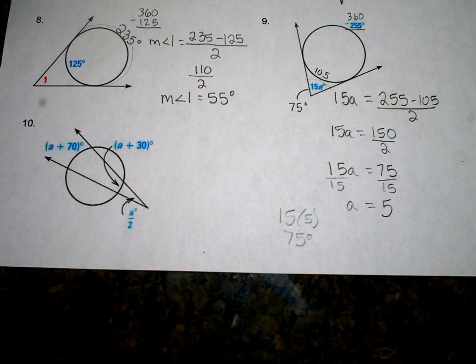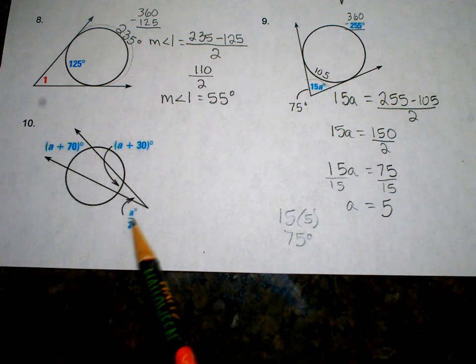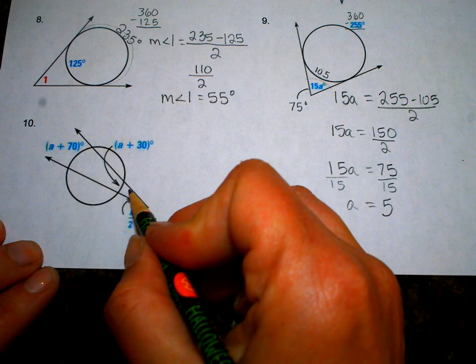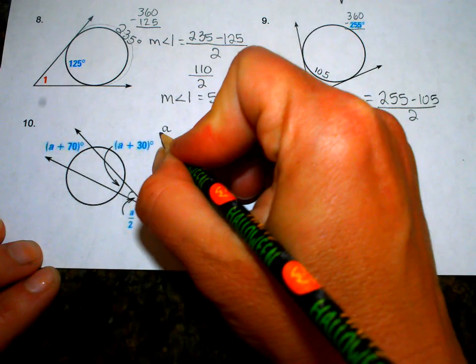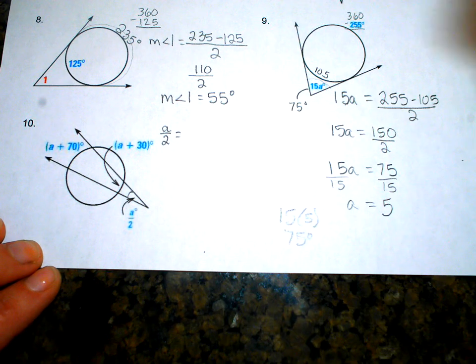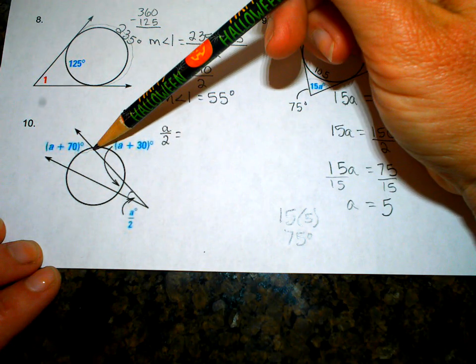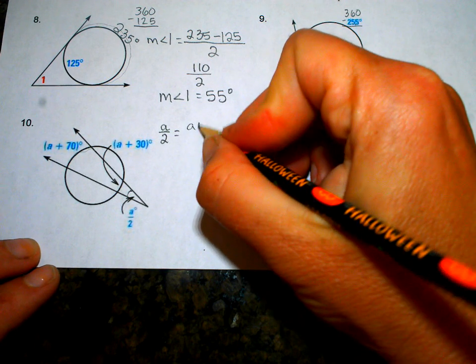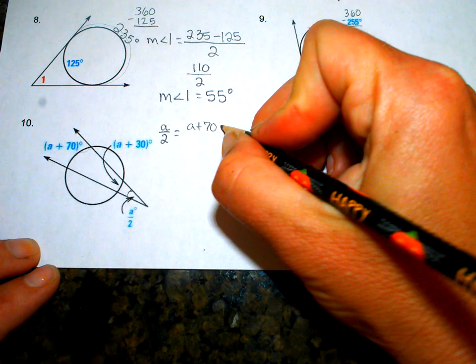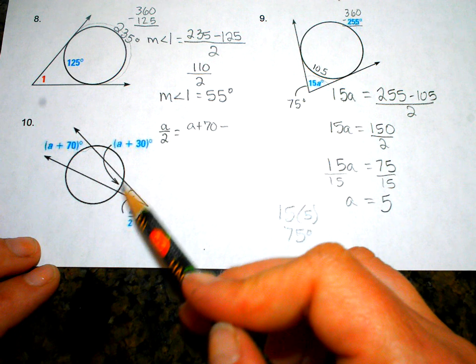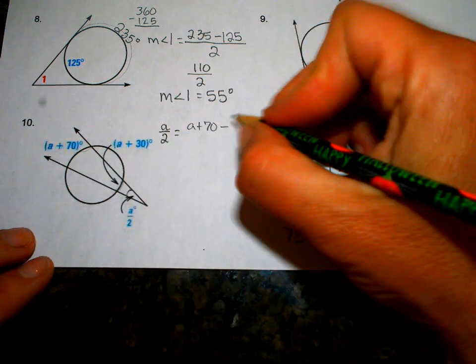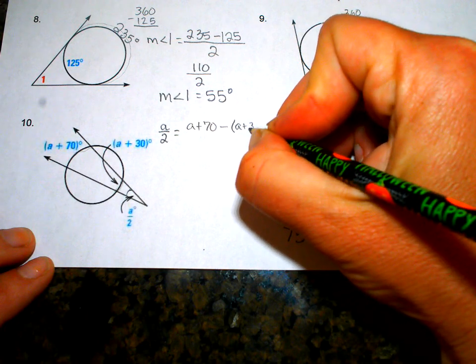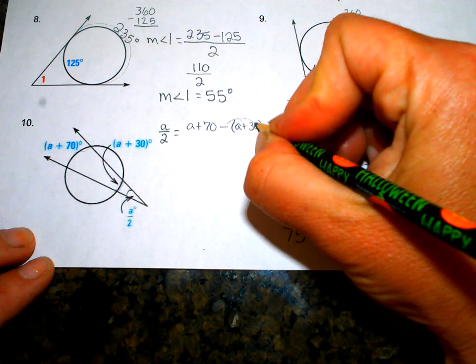It doesn't matter that there's a parentheses or this has a fraction. This angle equals, so A divided by 2 equals the larger arc, A plus 70, minus the smaller arc. Now, since the smaller arc has 2 terms, I'm going to do a parentheses because I have to distribute this negative sign.